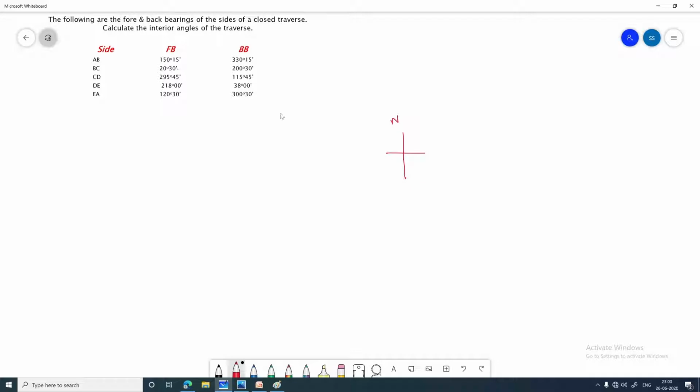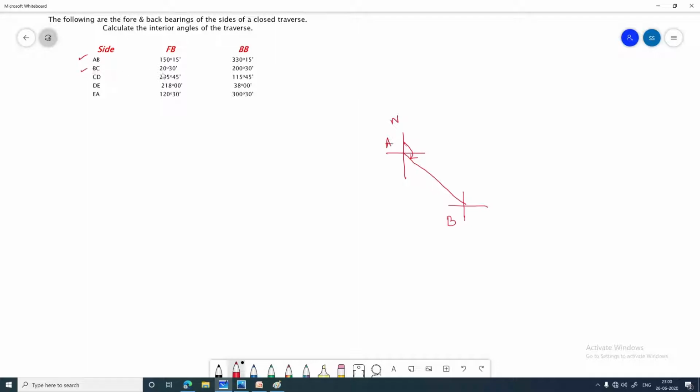So the angle is 150 degree 15 minutes. I am not writing the value of the angle over here. First I will draw this. Now this is A and this is B. Then I need to see that AB is complete.